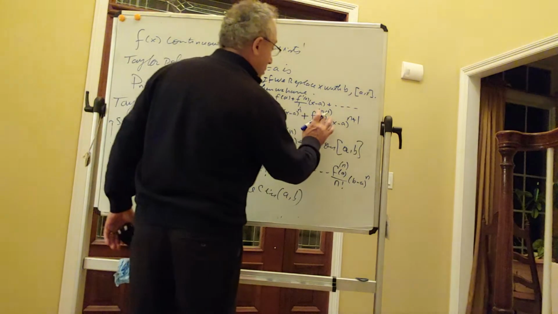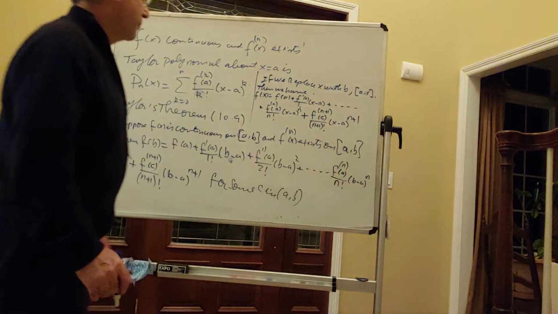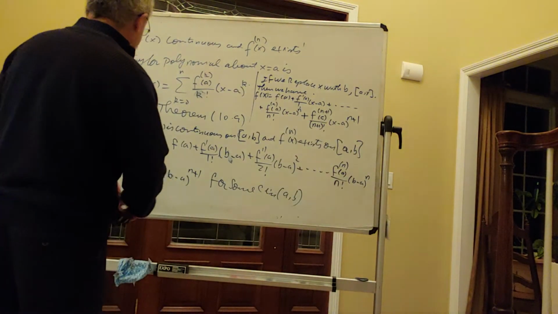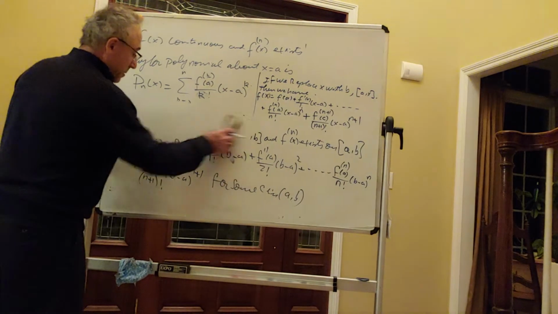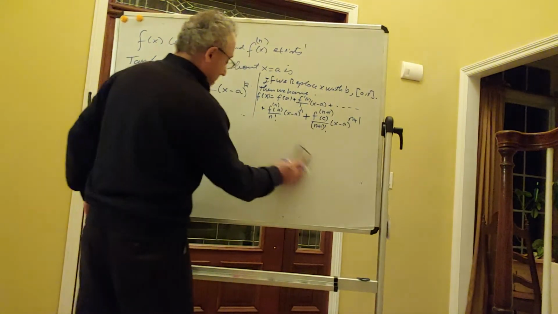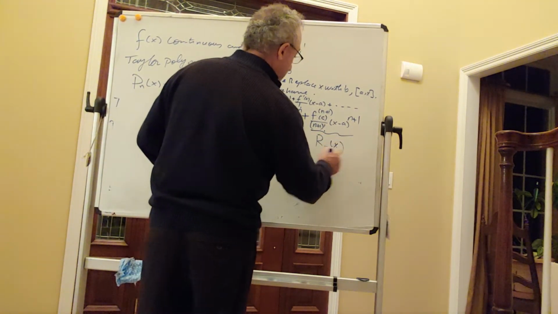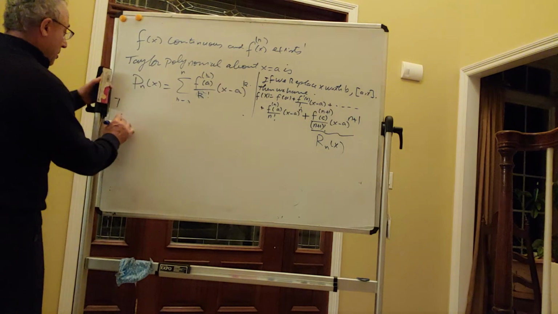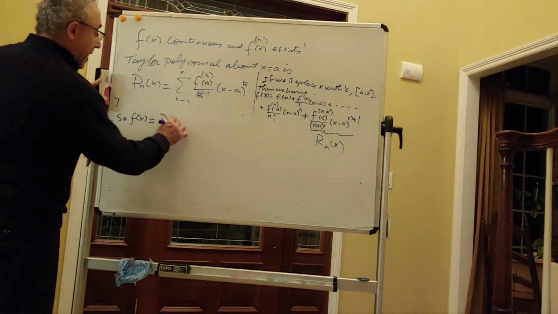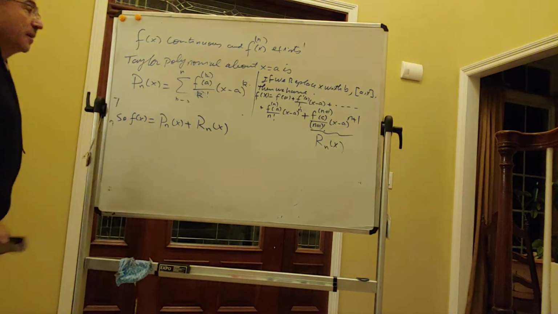Sorry, that last derivative is evaluated at c. So this term we're going to call the remainder, R_n of x. And so f of x is P_n of x plus R_n of x.